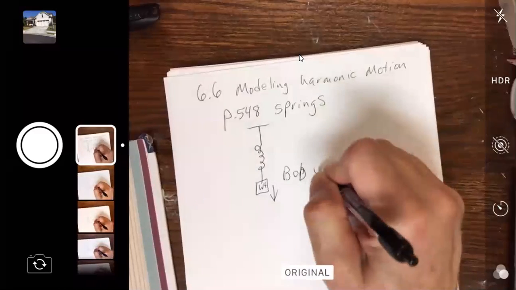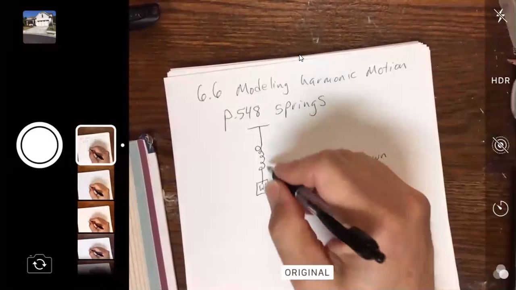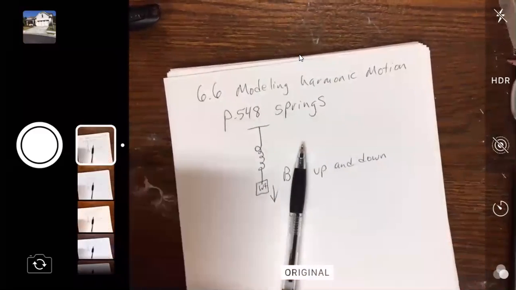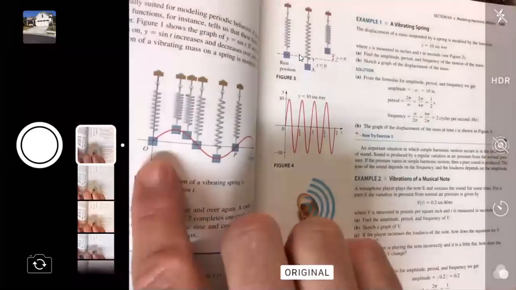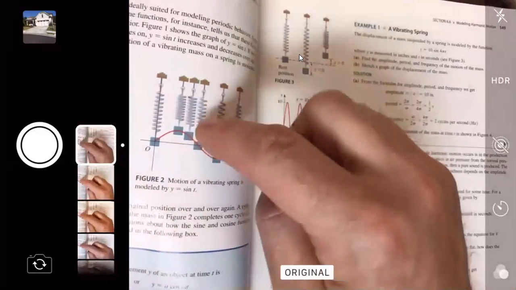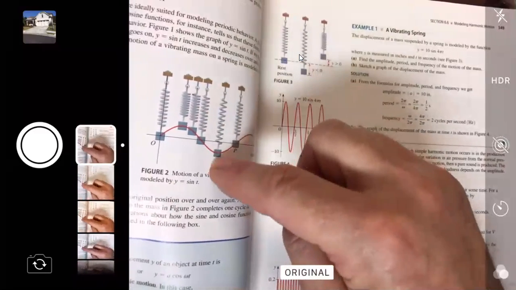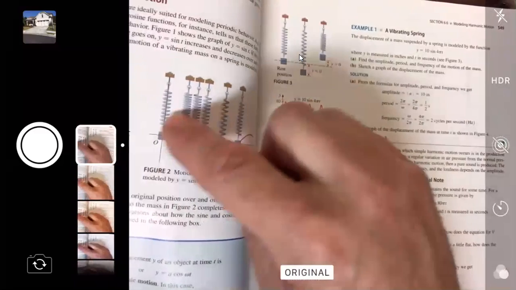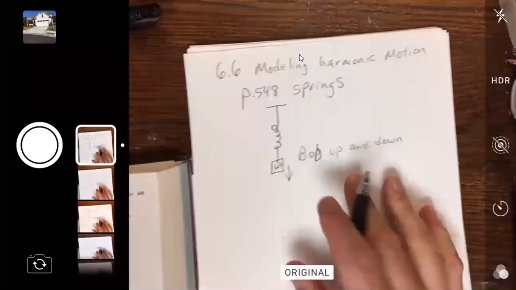If you track it and graph its motion, they're showing you this. The spring stretches down to some maximum value, and then it goes back up again. And if you track that through, it follows a sine wave.